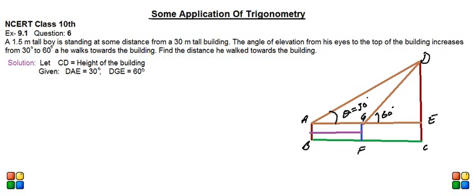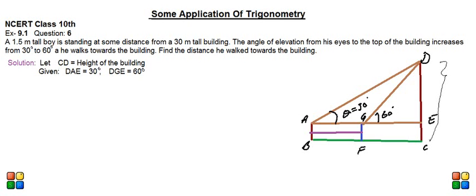Okay, so as we have already discussed the question, now we can easily let CD be the height of the building.